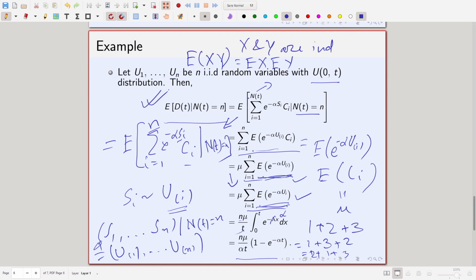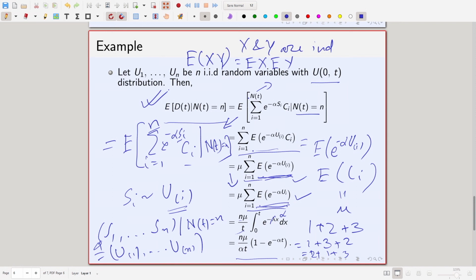So this is where we have used the fact that the conditional distribution of the arrival times, given that there have been n arrivals up to time t, has the same distribution as the order statistic of n IID uniform 0 to t random variables. And in other steps we have used the fact that the size of the claim is independent of the time of arrival of the claim.